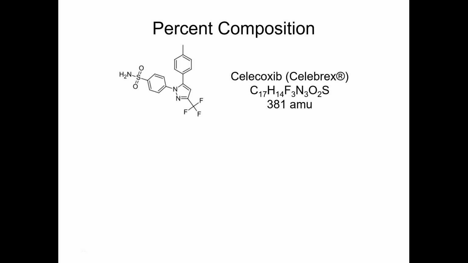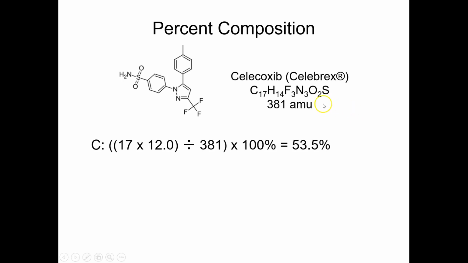I've got my celecoxib again, which has this hairy formula C17H14F3N3O2S. I am going to do each element using the atomic weight from the periodic table to 1 decimal place. So for carbon, that's 17 times 12.0 divided by the total molecular weight of the compound, which is 381, times 100%.